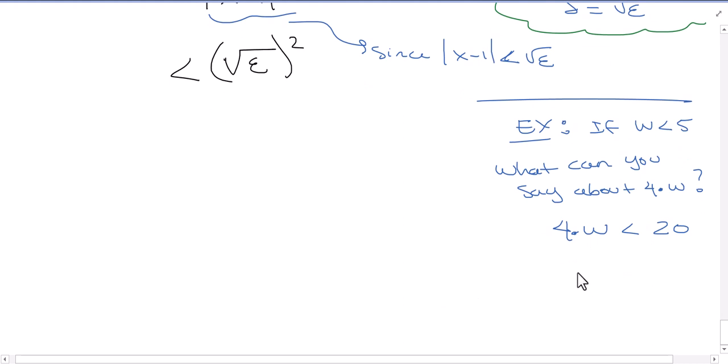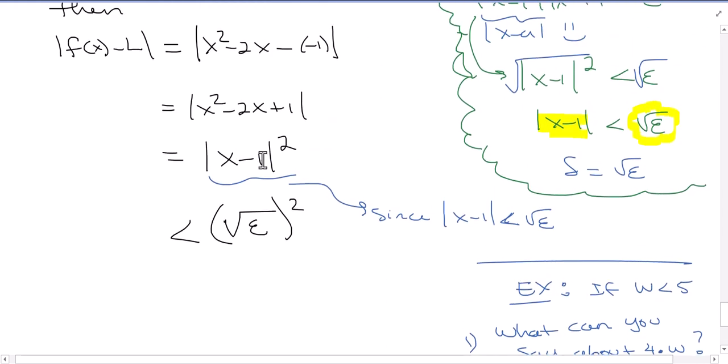Same thing: if w is less than 5, what can you say about w squared? Then w squared is going to be less than 25. And so that's what I'm doing here. Since the absolute value of x minus 1 is less than the square root of epsilon, I can replace the absolute value of x minus 1 with the square root of epsilon.